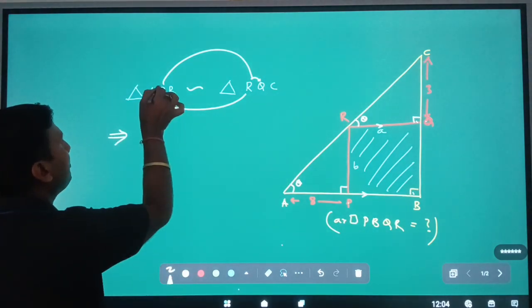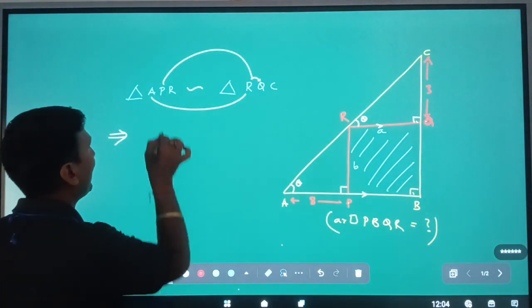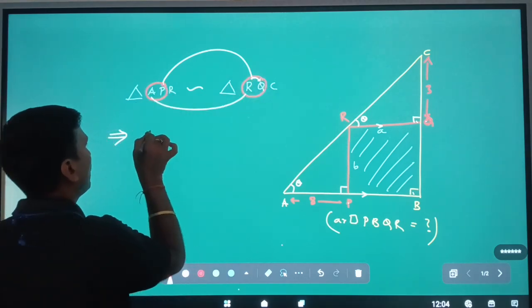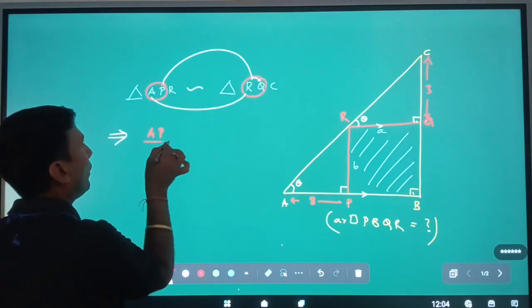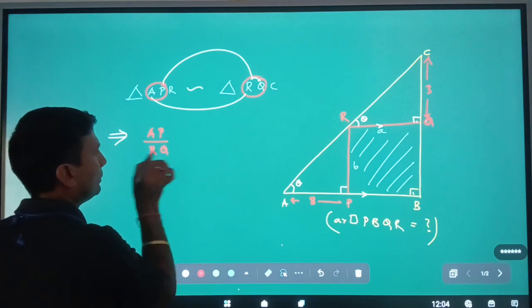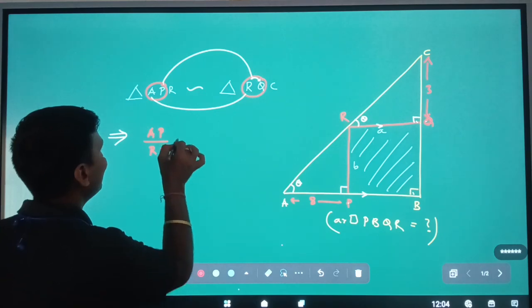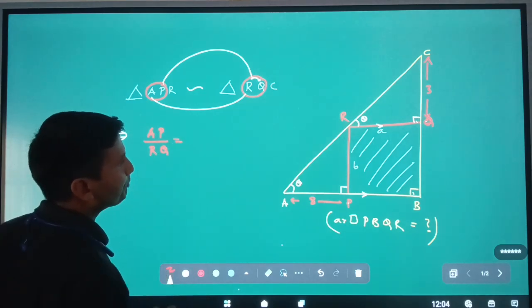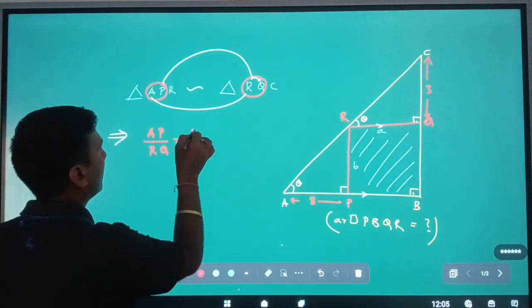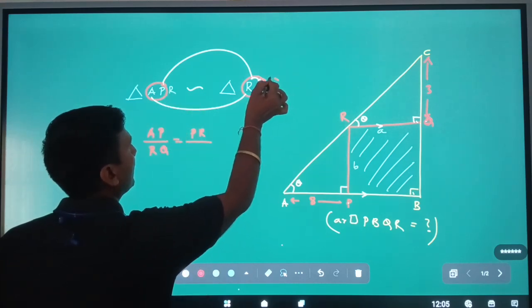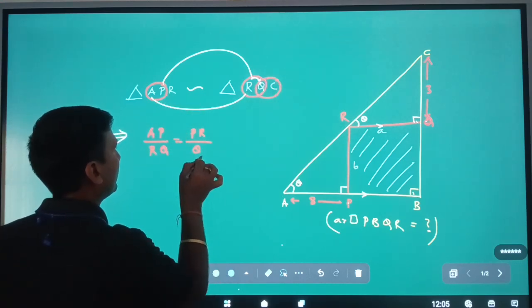If we take AP, then we have to take RQ. So AP upon RQ is equal to PR, that will be taken with QC.